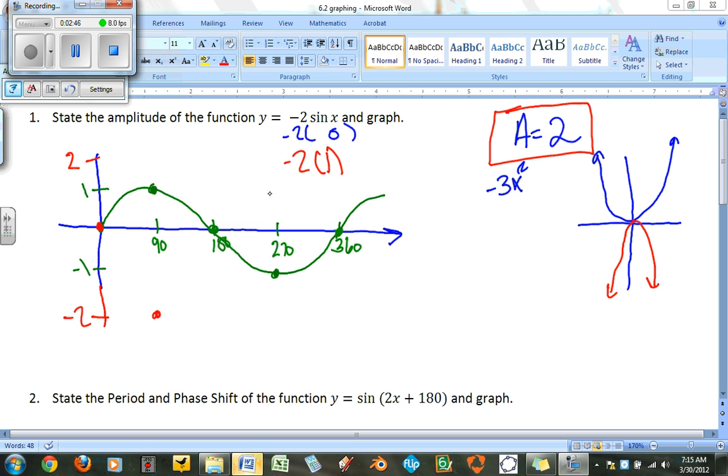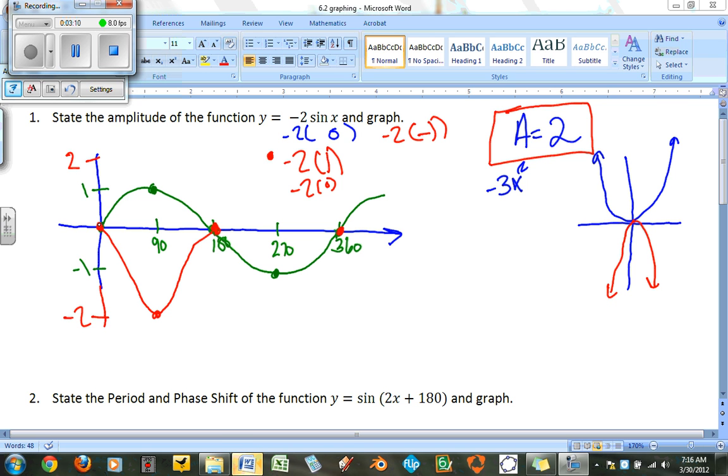And then the sine of 180 is 0, so -2 times 0 is still 0. The sine of 270 is -1, and that times -2 is a +2, so 270 is going to come up here. And then the sine of 360 is 0, times -2 is still 0. So I'm going to graph this right here.